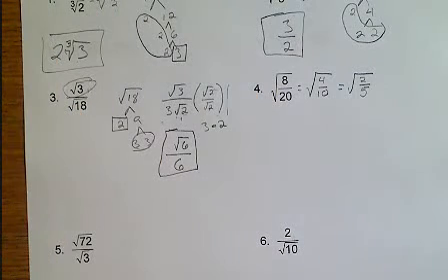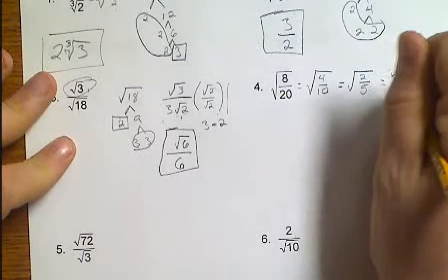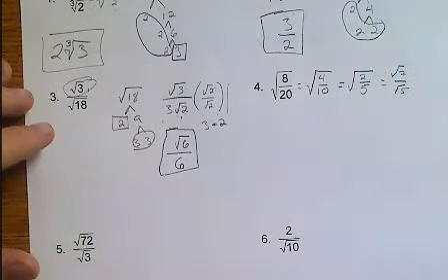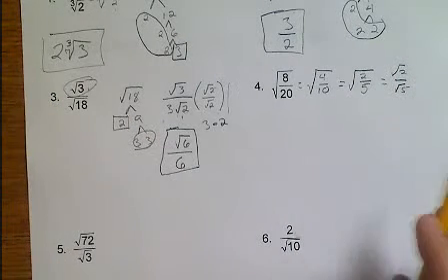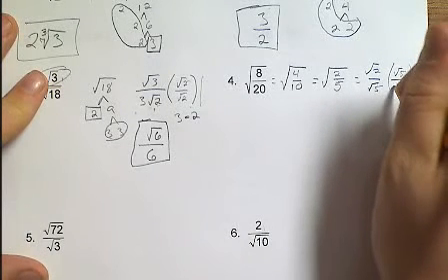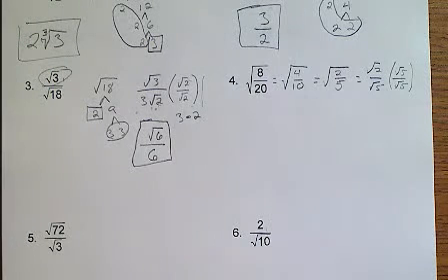All right, well, now let's see what we have. Well, that's the square root of 2 over the square root of 5. And I can't have a radical on the bottom. So I'm going to multiply this by the square root of 5 over the square root of 5. Well, 2 times 5 is 10.